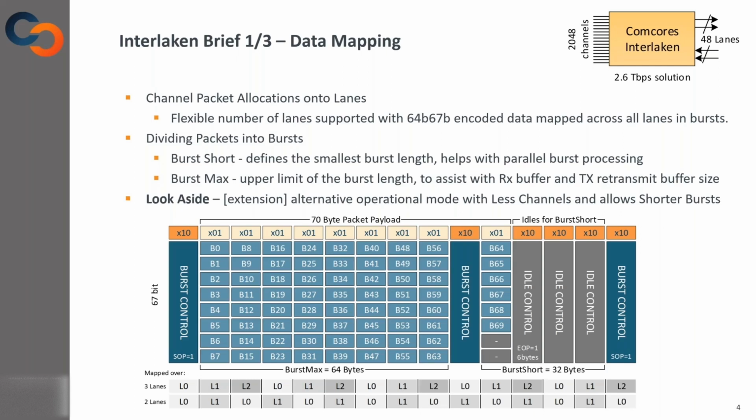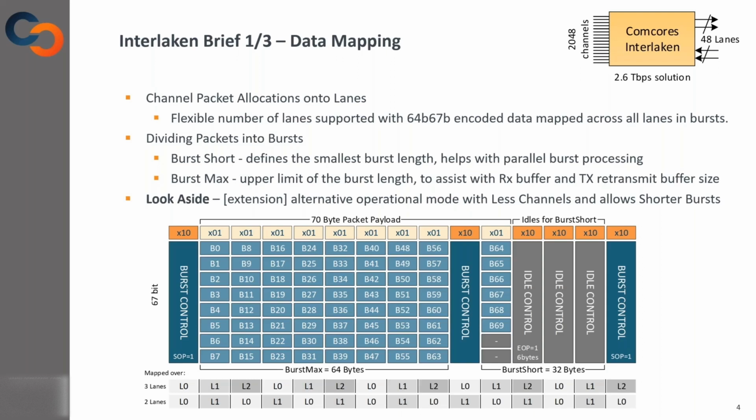And this data is mapped into bursts, so packets are split into burst-sized pieces to be sent across links. There are two parameters that control the burst size in Interlaken. One of them is burst short, which defines the shortest burst that can happen. It helps with processing multiple bursts at once inside of the design.